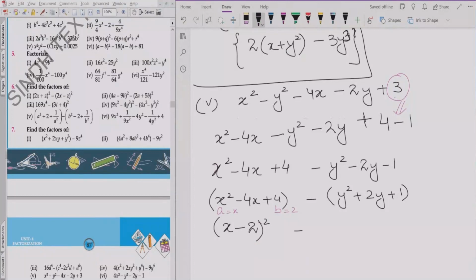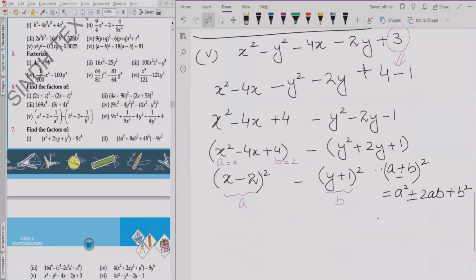Then after that y plus 1 whole square, right? So this is a and this is b, right? Here we will give a reference so that you can learn how we can change these terms. Now this is a and this is b.